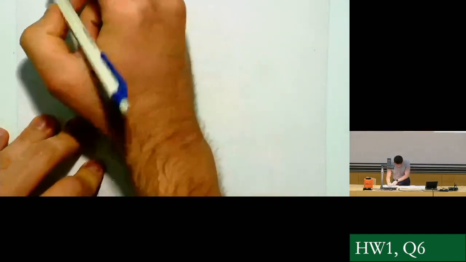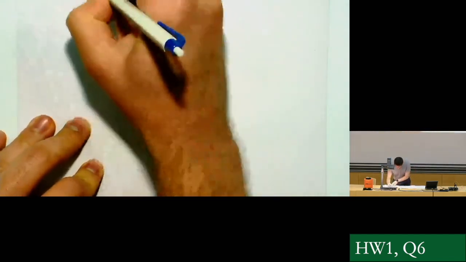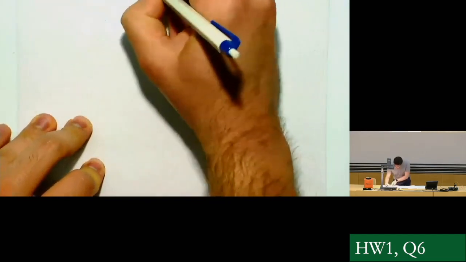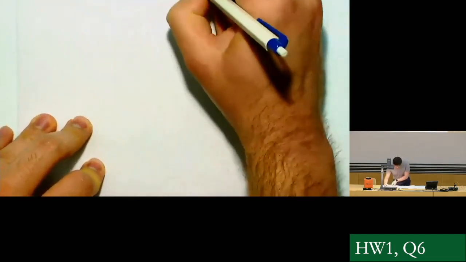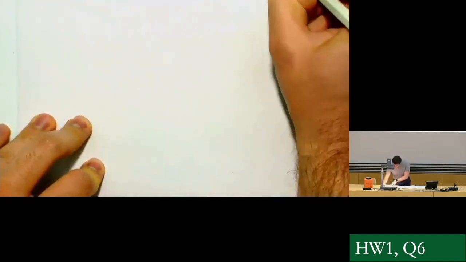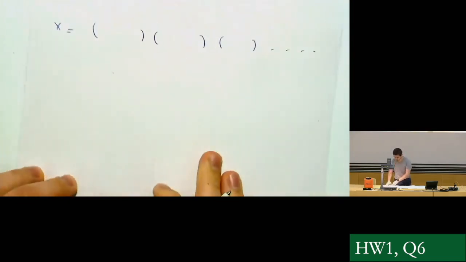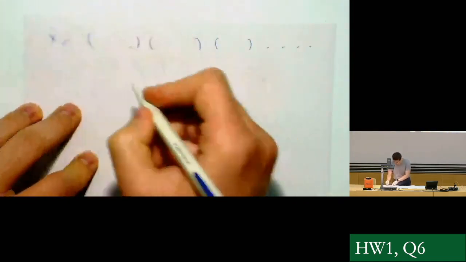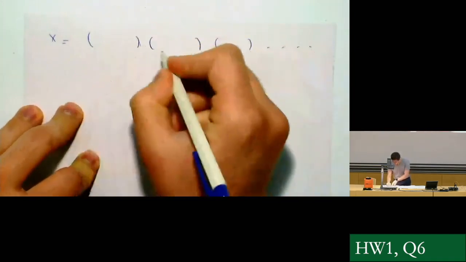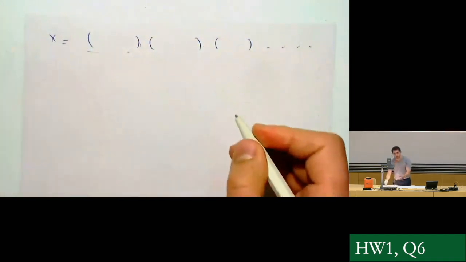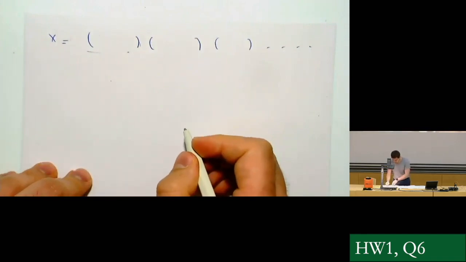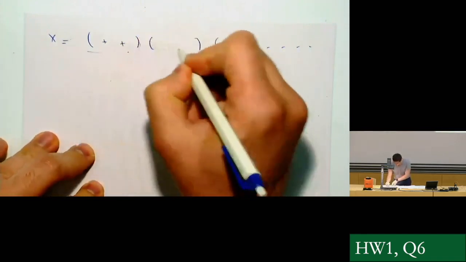In a product of sums, we have terms, and for X those terms will be ANDed to each other, and inside each term I will have the ORs.